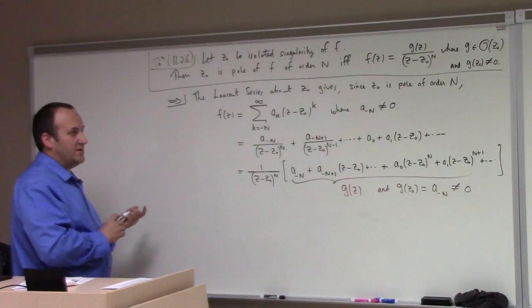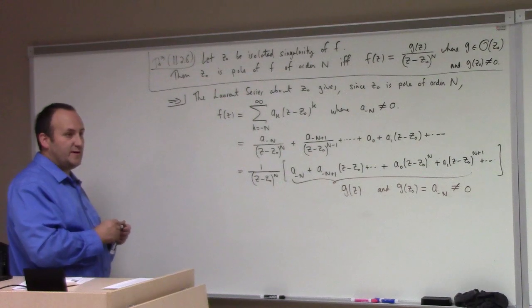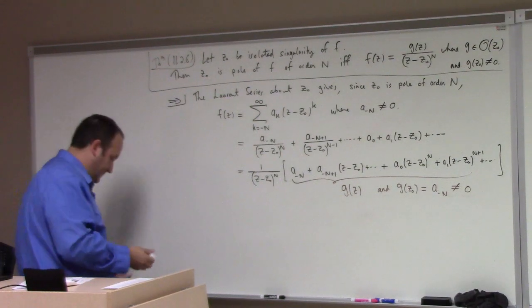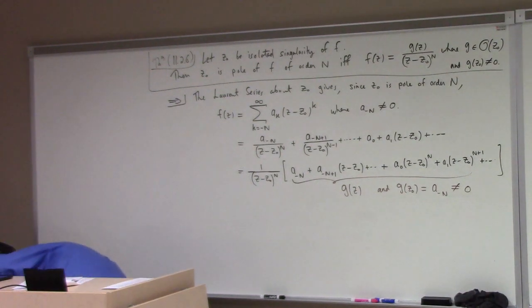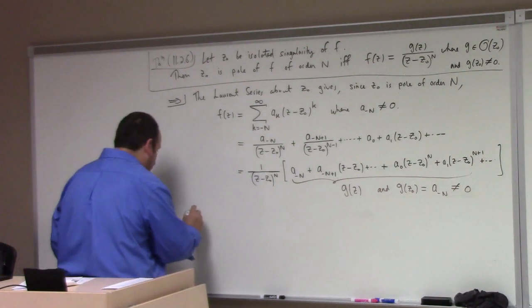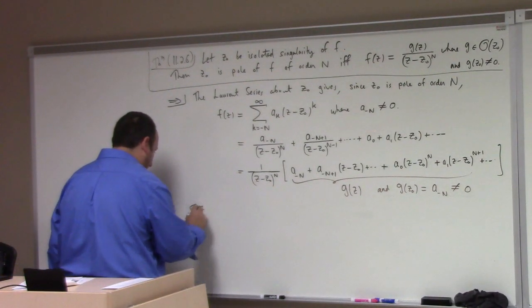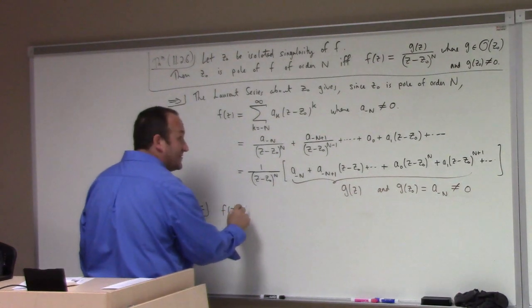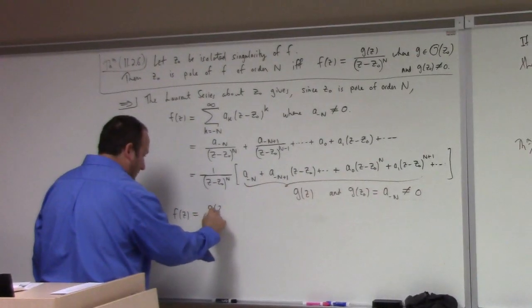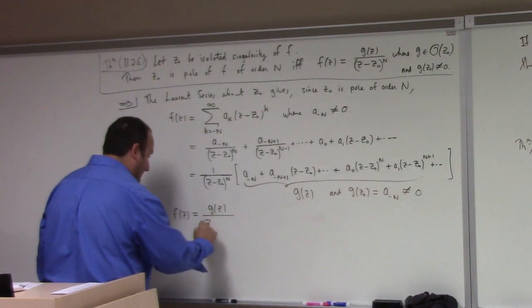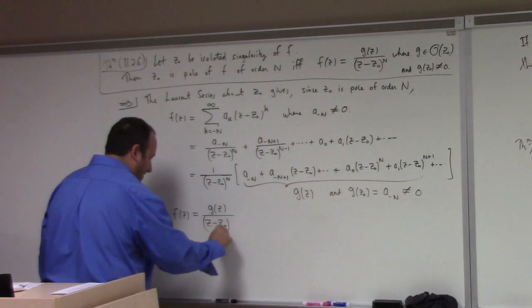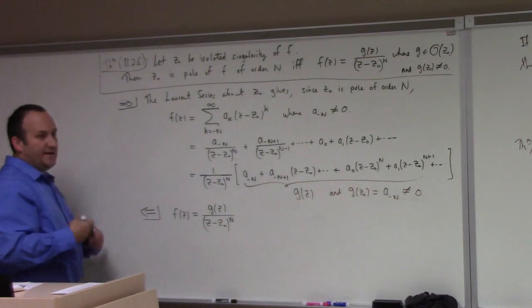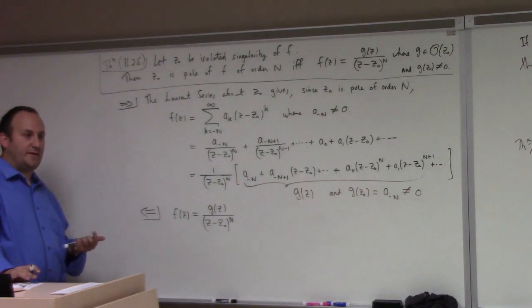And I'm not even going to write the reverse direction. The reverse direction is almost the same calculation. All right? I said I won't write anything. That's not entirely true. I'm just going to write a little bit. If I start with this, then what would I do? I would expand. g is holomorphic, right? So it has a power series expansion.